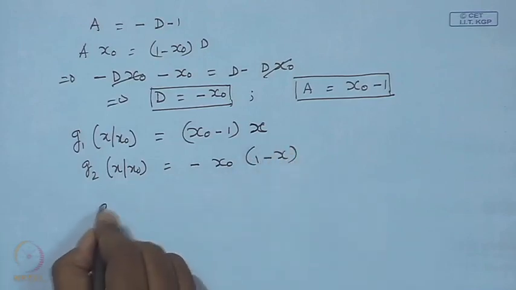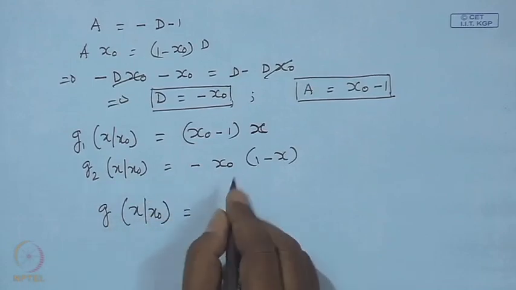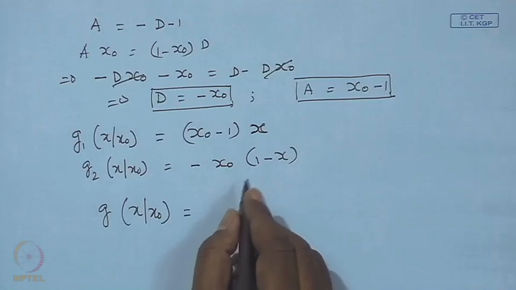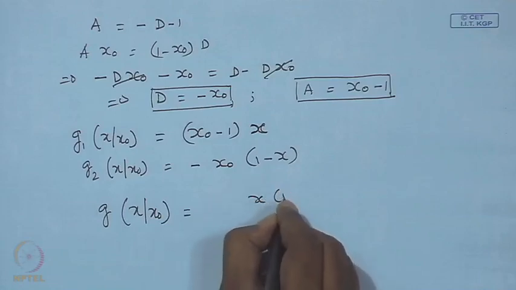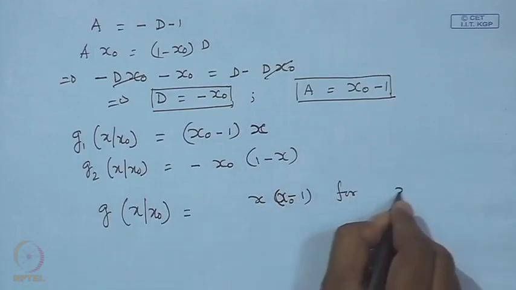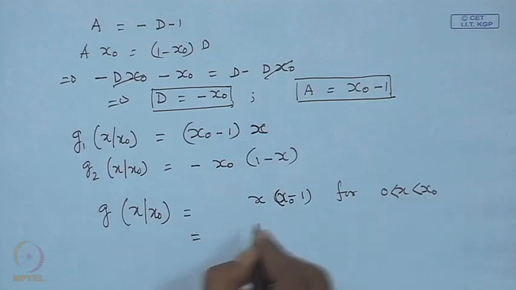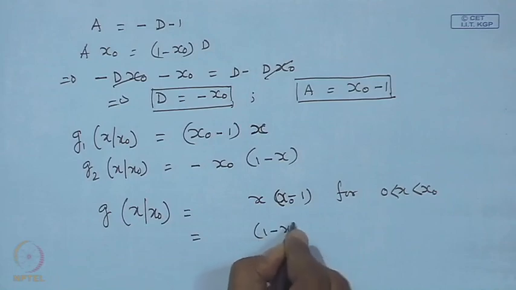So, therefore, we can write down the expression of Green's function as lower half solution is g 1 is x into x naught minus 1 for x lying in between 0 and x naught. The upper half solution is that minus x naught times 1 minus x.